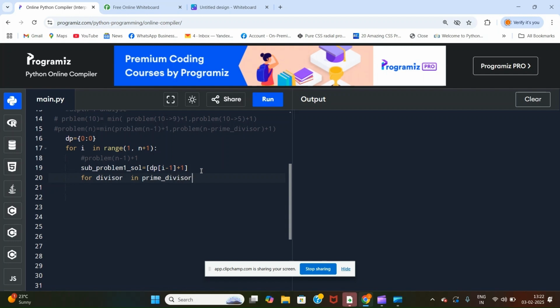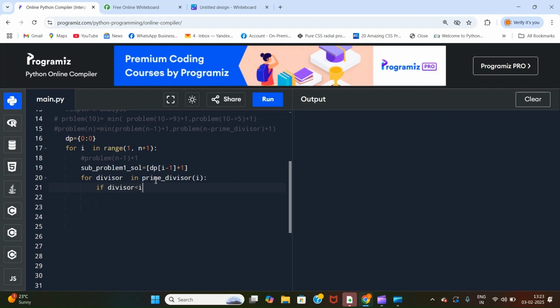Okay, there can be more than one divisor, prime divisor for a number, and I am finding a prime divisor for a number that is current number is I. So I के लिए prime divisor निकाला. So let's say I am having two divisor for a number that is 5 and 2. Okay, and always अगर आपके पास divisor होगा किसी number का, वो divisor हमेशा उस current number से small होगा.